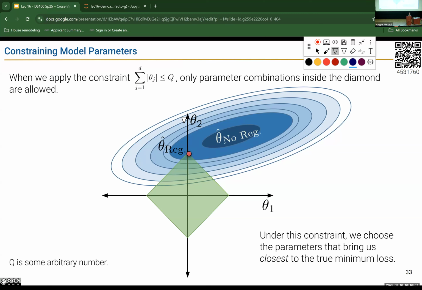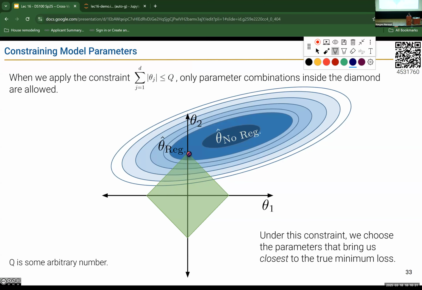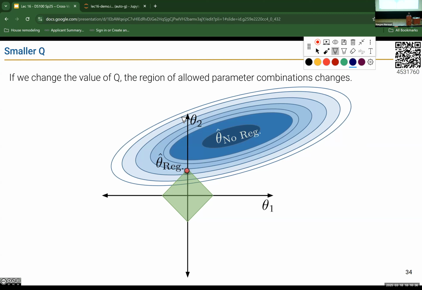What I also want to point out is that this budget is very important because it plays an important role. So for example, when the budget is small, compare this one with this one, right? When the budget gets smaller, I'm more constrained, and when I'm more constrained, it's more likely that I'm going to be far from the optimal theta value, right? In this case, I was in this second tier dark blue area, but when the budget is smaller and Q is small, then I'm actually going into the fourth tier.